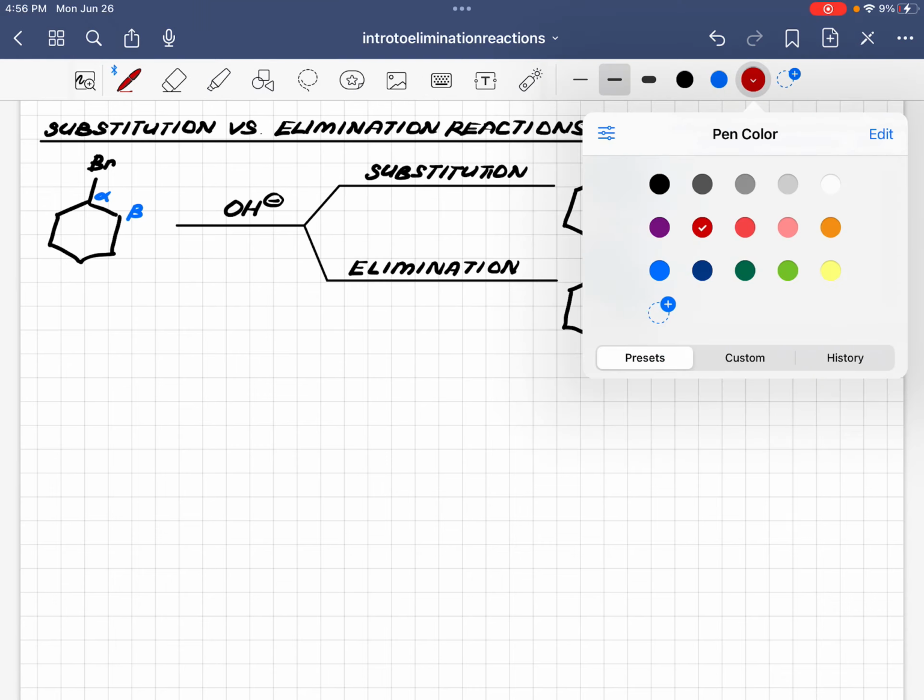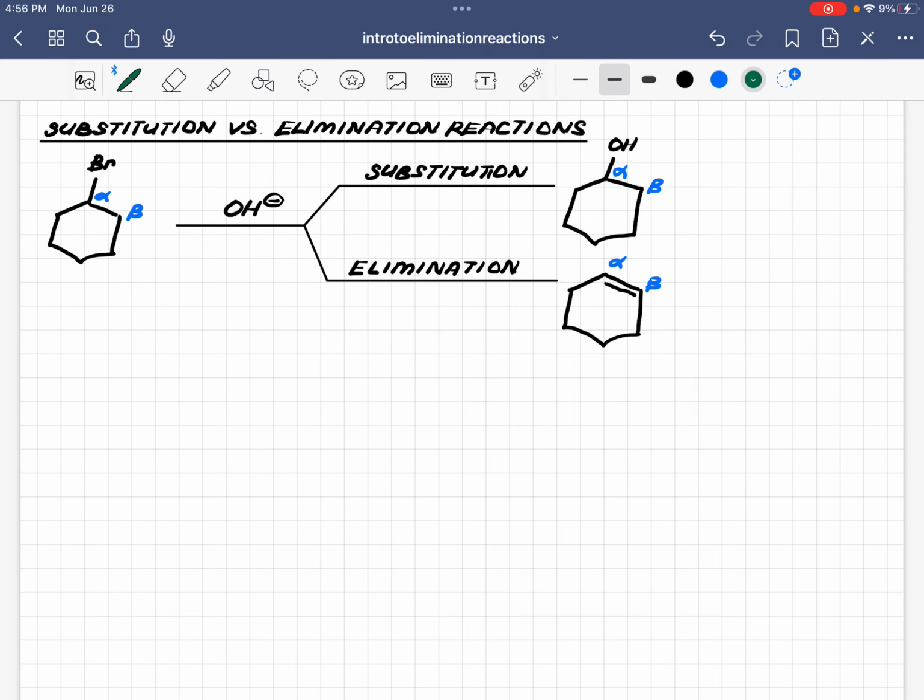So to summarize real quick, in a substitution reaction, we have a leaving group that's replaced with a nucleophile.